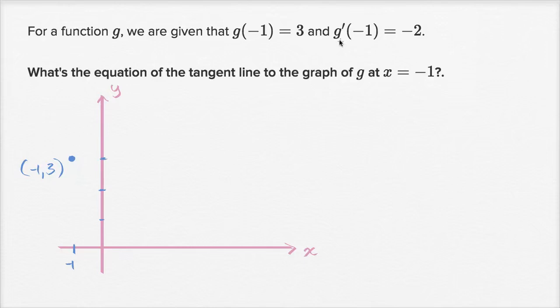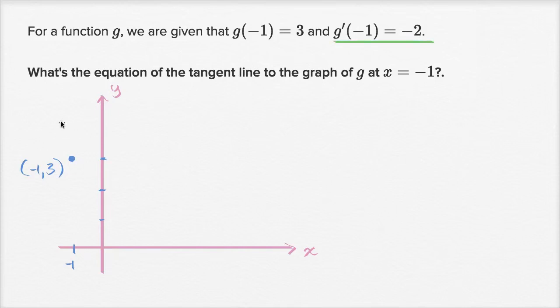We also know that g prime of -1 is equal to -2. So the slope of the tangent line right at that point on our function is going to be -2. The slope of the tangent line when x is equal to -1 is equal to -2. I could use that information to actually draw the tangent line.